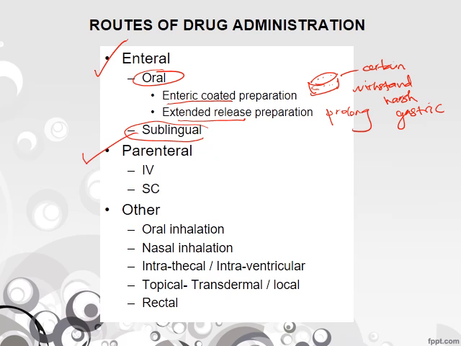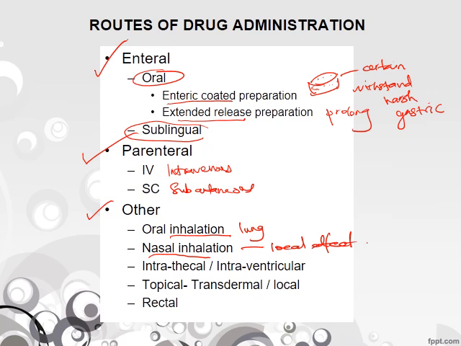When we talk about parenteral, you have IV, intravenous infusion, and subcutaneous. Others include inhalation for lung delivery of drugs, and nasal inhalation for local effect in your airway. Intrathecal and intraventricular go into your brain system. Topical and transdermal I have mentioned just now, and rectal is usually for both local and systemic effects.